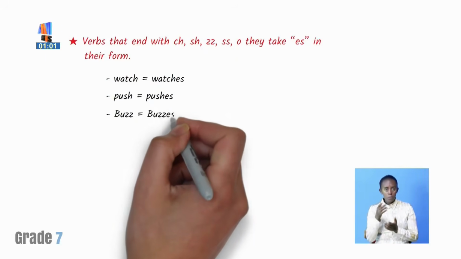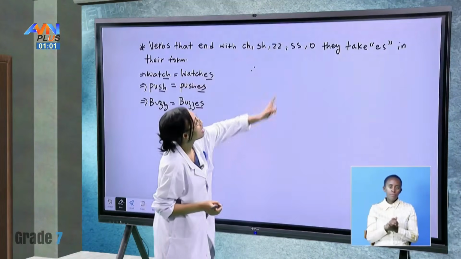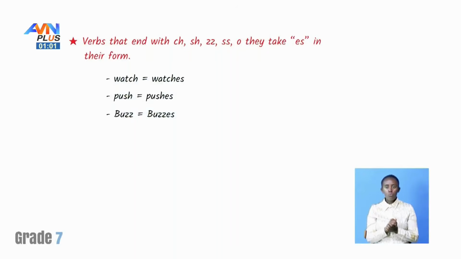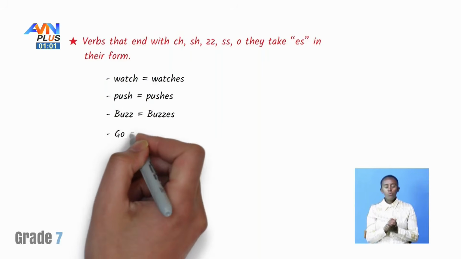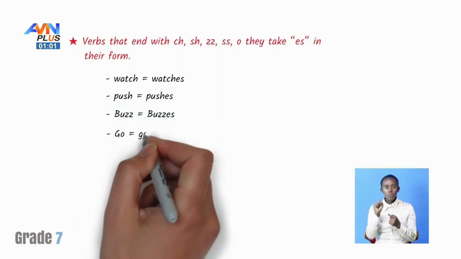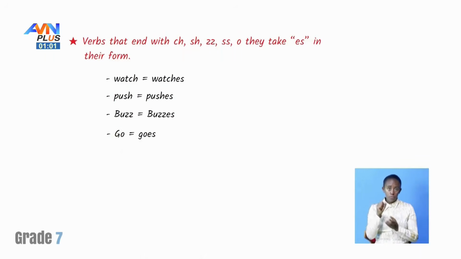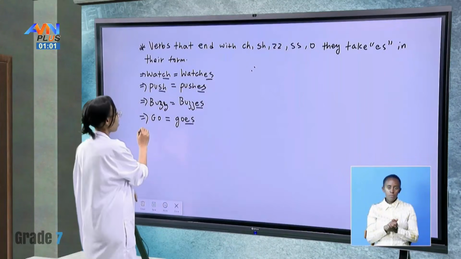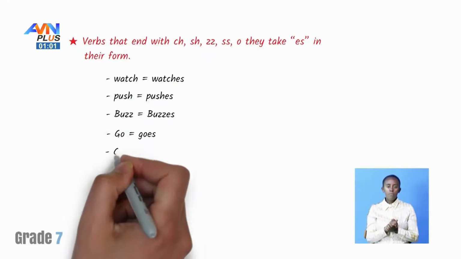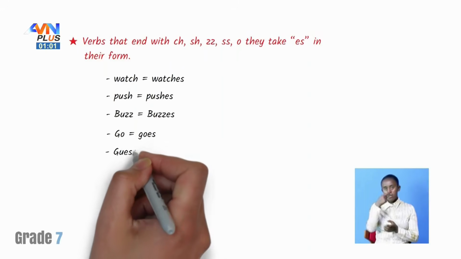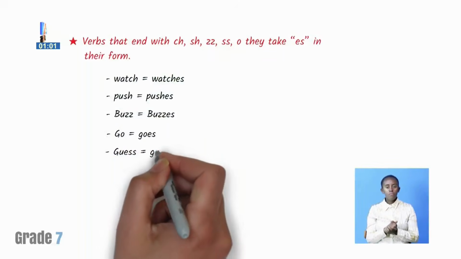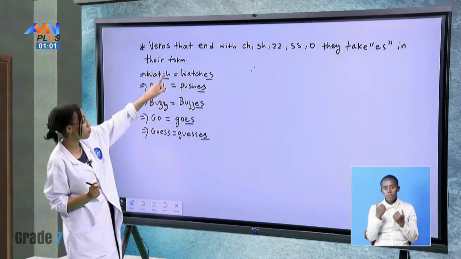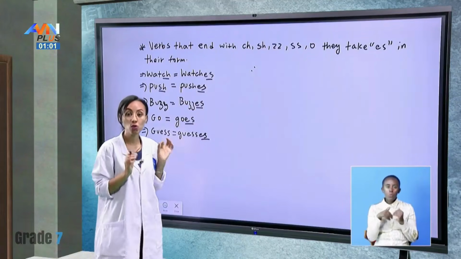Again, we use ES. Words that end with O. The most common example that we have been using up to this point. Go. It becomes what? Goes. Again, we use ES. Words that end with SS, for example, guess. It changes to guesses, okay? Again, we have ES. So if you see here, it's all changed to ES.